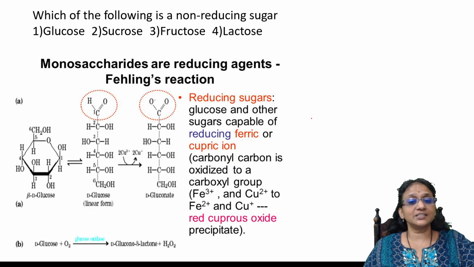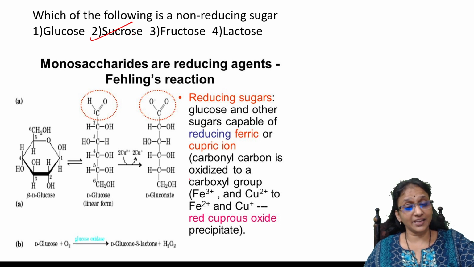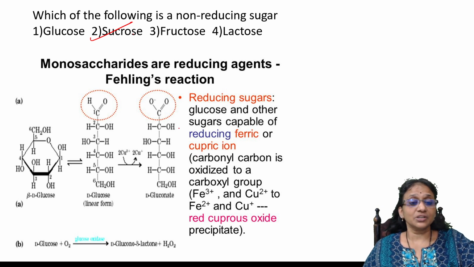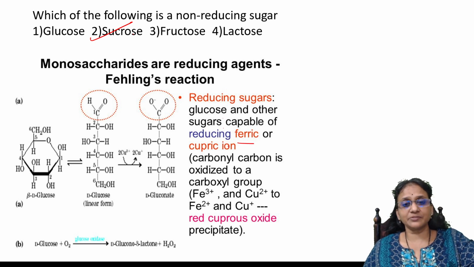Okay, let us start with the next. Which of the following is a non-reducing sugar? Just see, students, among all these, sucrose is a non-reducing sugar. Why? Because reducing sugars are those which can reduce Fehling's reagent, or they can reduce Tollens' reagent.